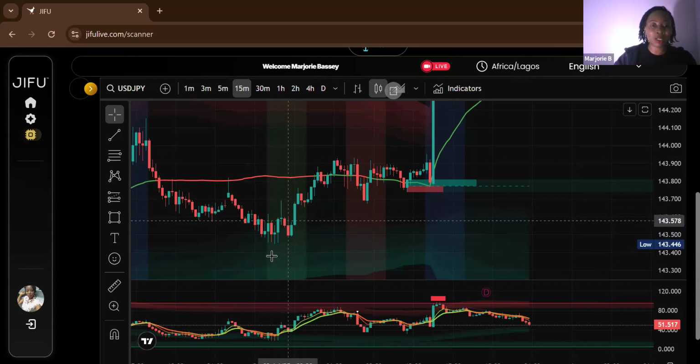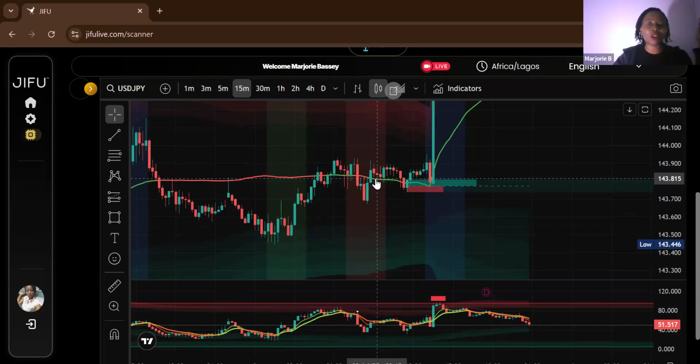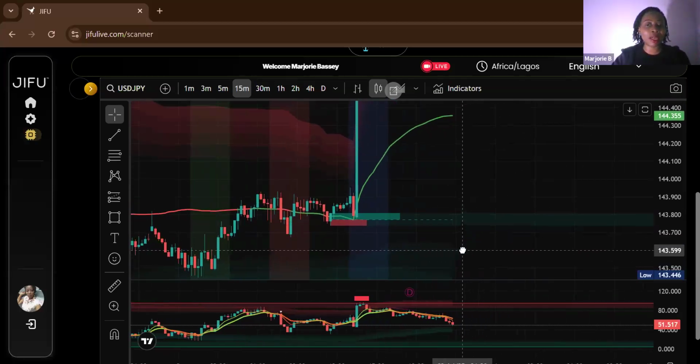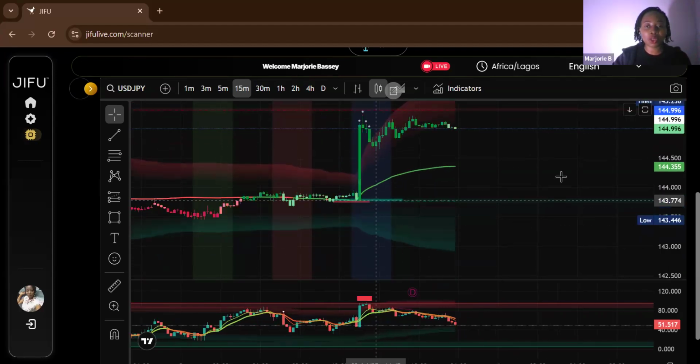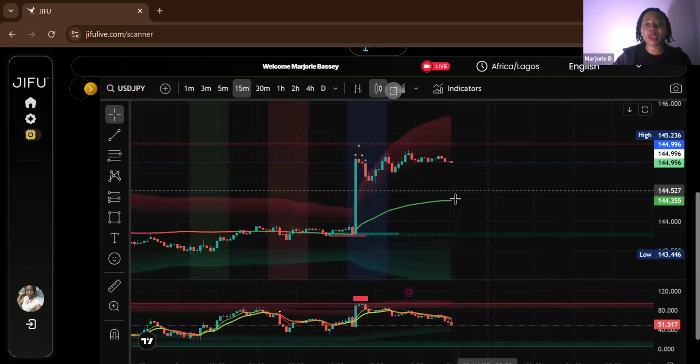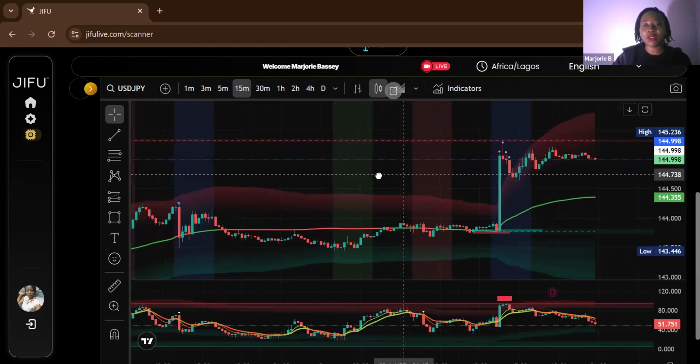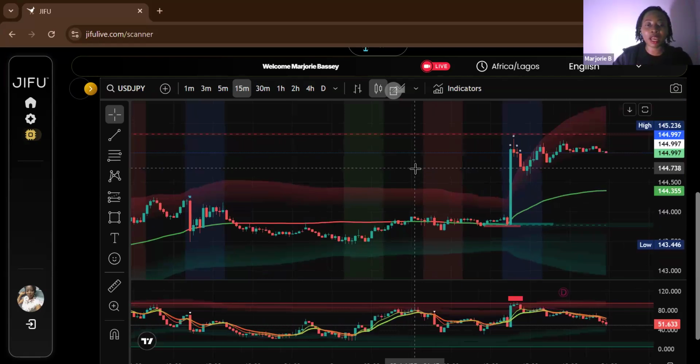The green here is the Asian session, and in the Asian session you can see that the market actually started buying. It bought, and then went to the London session. In the London session you had a lot of consolidation, and then in the New York session, the blue column here, you had a continuation of that uptrend.